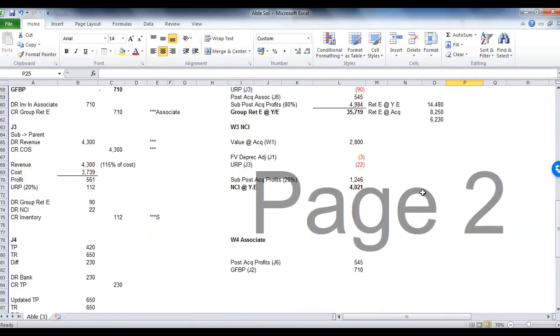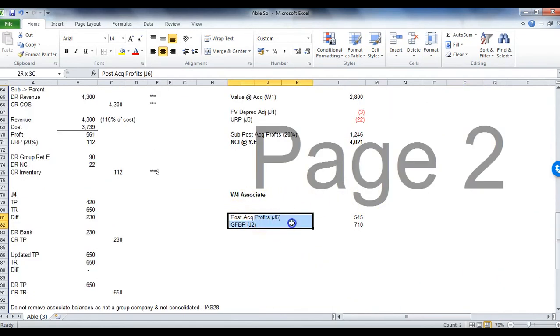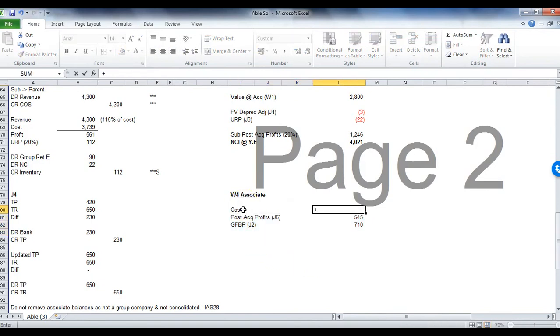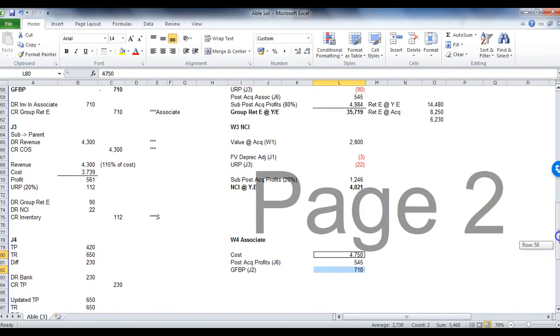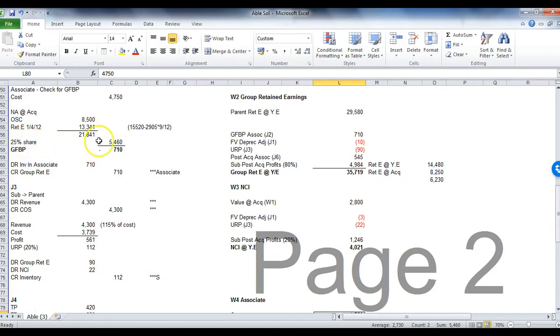And the very final big working we have is the associate. And how you start the associate is you start, remember, initially at cost. It initially cost us 4,750. We made a gain from bargain purchase, so that will bring us up to 5,460, which, if we go back to our adjustments, is the true value of our share initially. So that's just bringing us up to true value.